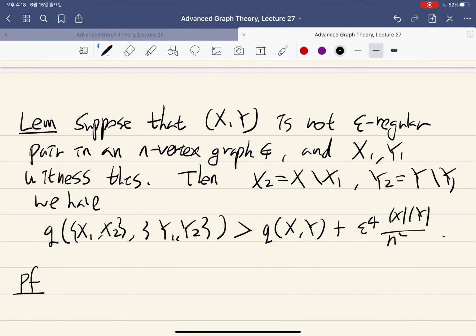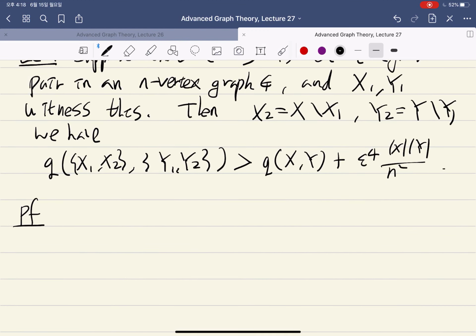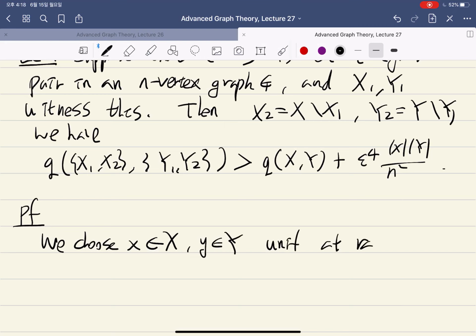So let's prove this lemma. So again, we choose x in X and y in Y uniformly at random.